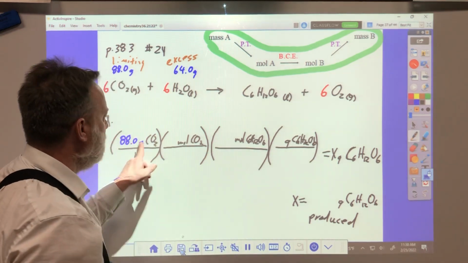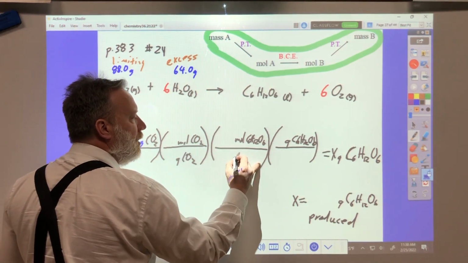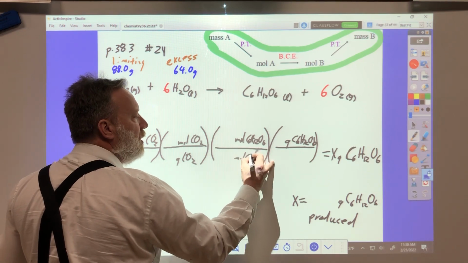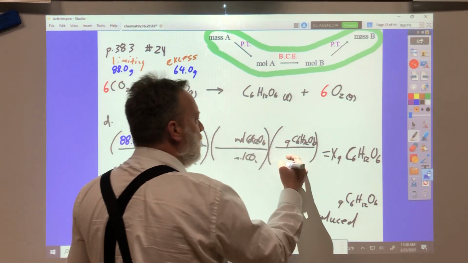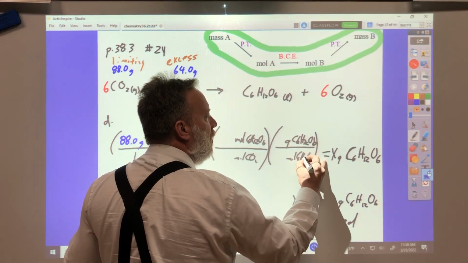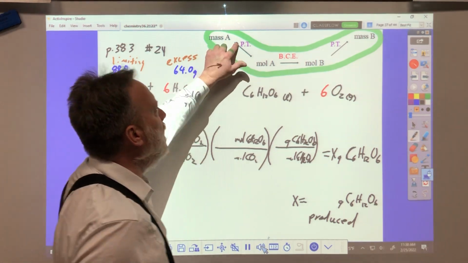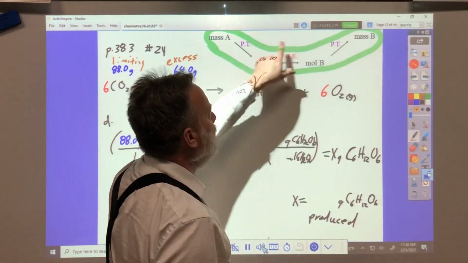Okay, then this number goes here, grams CO2, this number goes here, moles CO2, or these units go here. These numbers go here, moles C6H12O6.